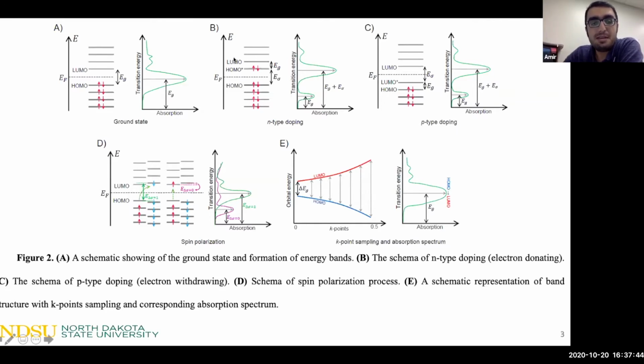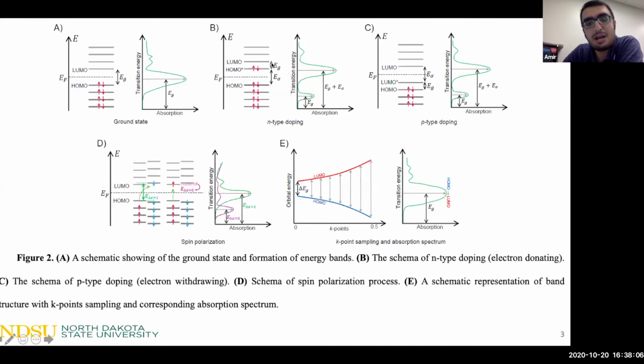So figure B represents the schematic process of the N doping. We inject 2 electrons into the system. We fill 2 unoccupied orbitals. As you can see here, one of the orbitals is filled, so we have a new HOMO here. We call it HOMO star.